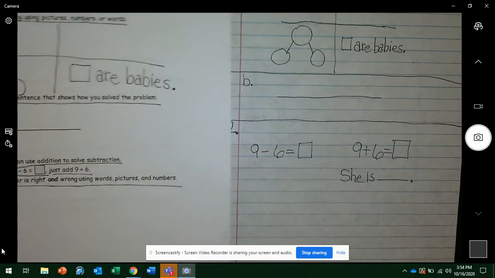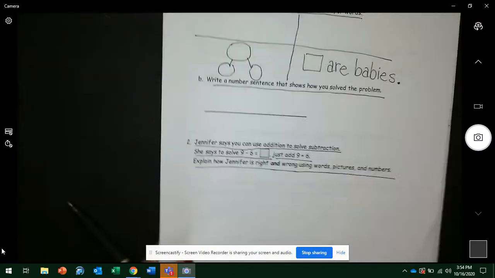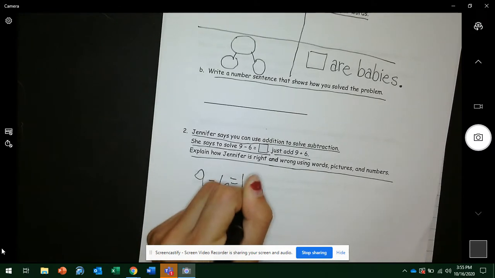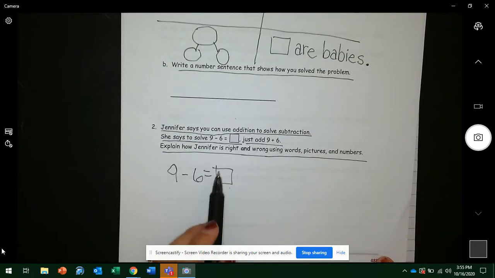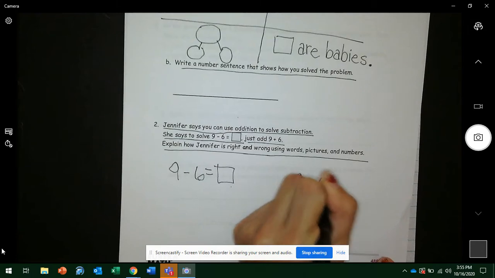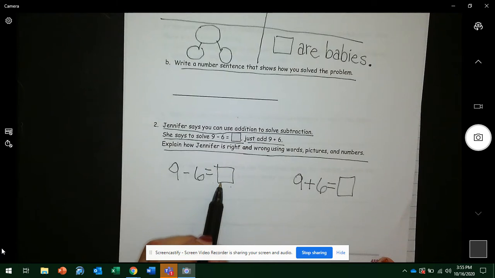So if you're doing it on line paper, you write number 2, and this is what I want you to write. So this is the problem she wants to solve. 9 minus 6 equals blank. But she says that so you can get the answer for this, you can just add 9 plus 6. And that will give you the answer you need for the subtraction sentence.